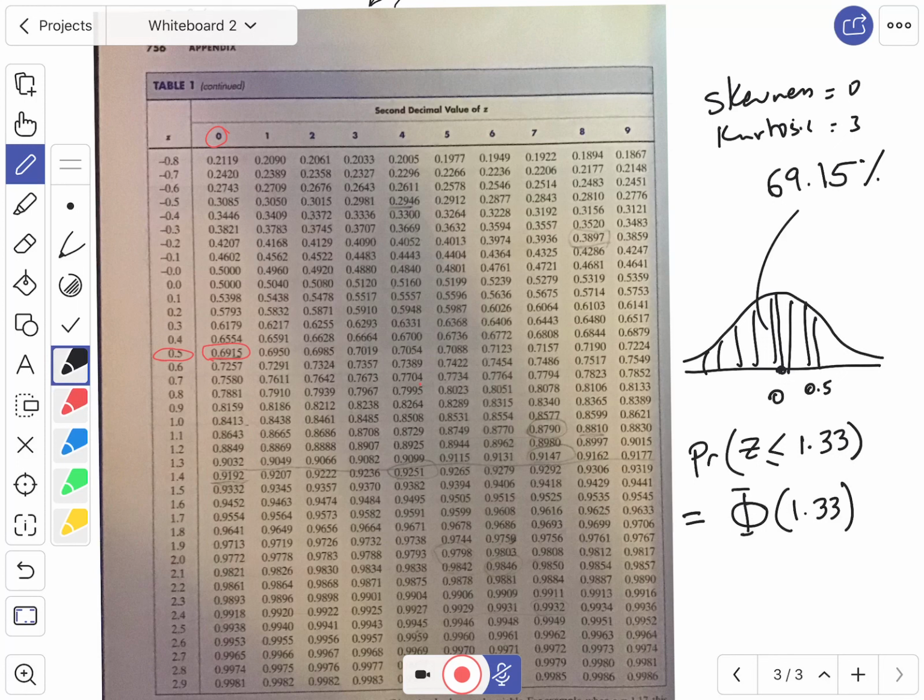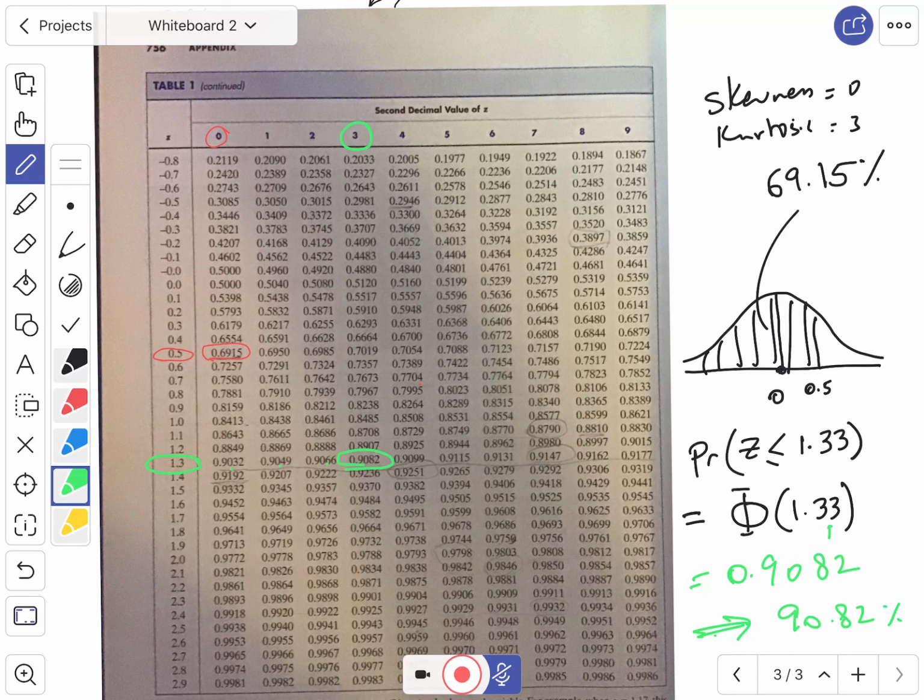How can I find this number? I'm going to 1.3 here, and then the second decimal is 3, so I'm going to go to 3. So 1.3, this is 0, 1, 2, 3, so it's going to be here. This one is telling me it's equal to 0.9082.